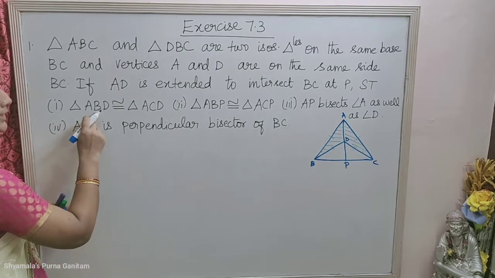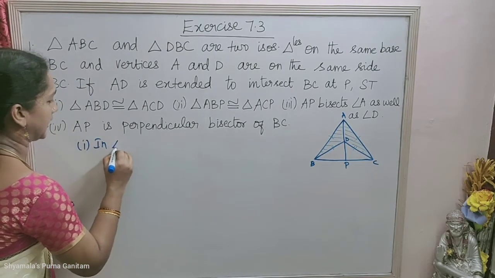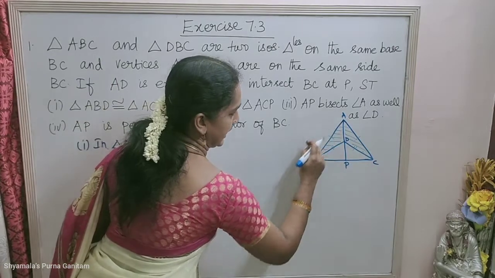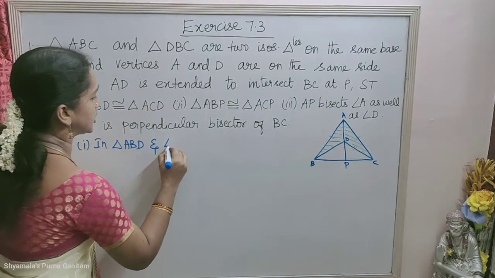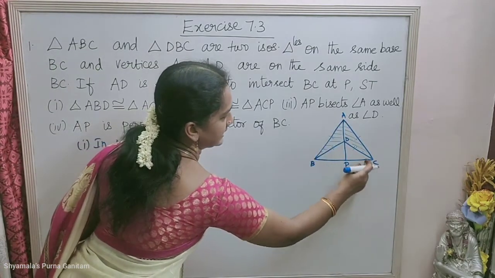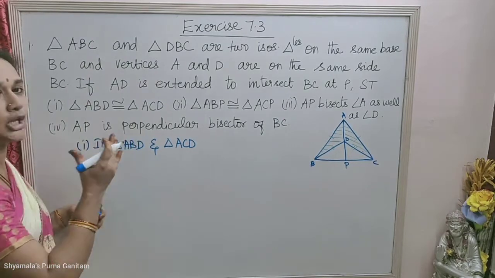The first question: we will answer ABD and ACD. So in triangle ABD and triangle ACD, what are all the equal parts?